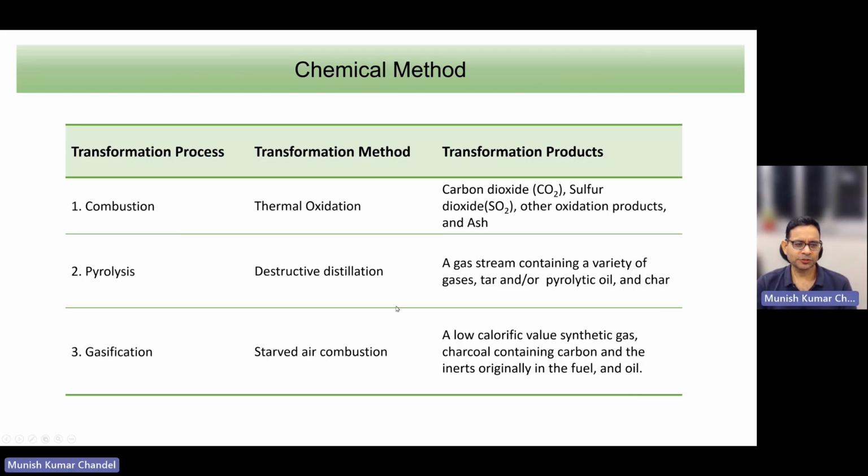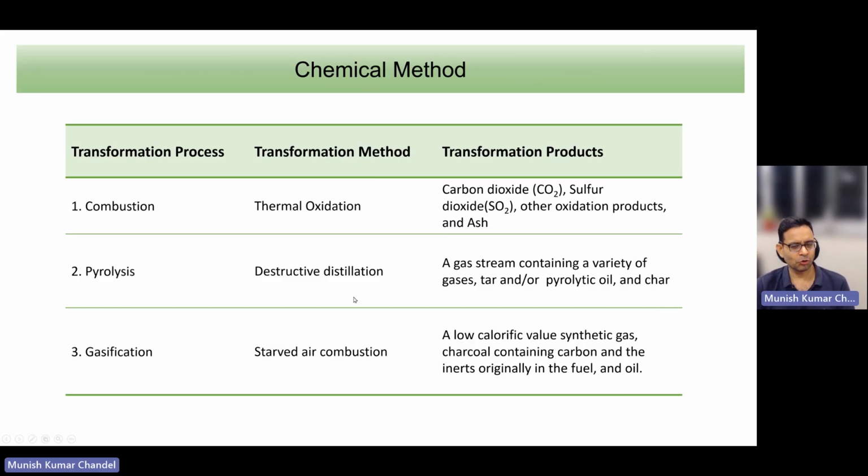The third process, which is also coming into picture, or you can say that now we have started using it, is called pyrolysis. So what is pyrolysis? It's destructive distillation. We do not supply any oxygen or any air. For example, in combustion, we were completely oxidizing. In gasification, partially oxidizing.